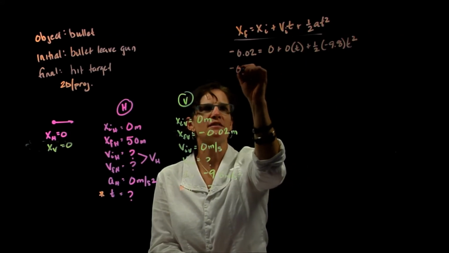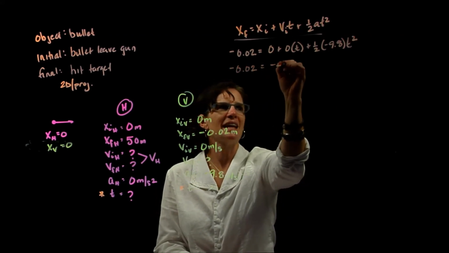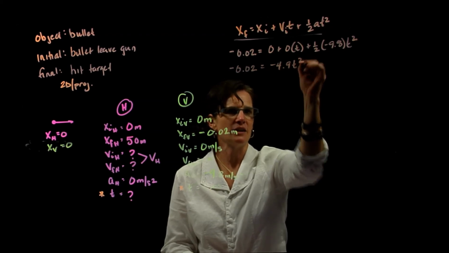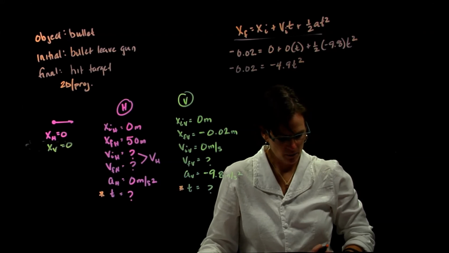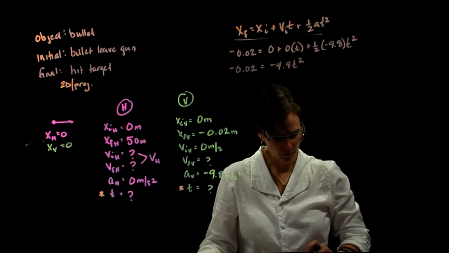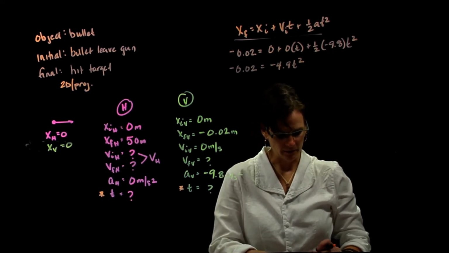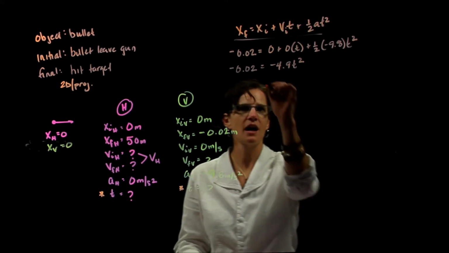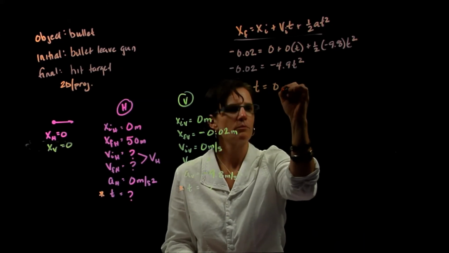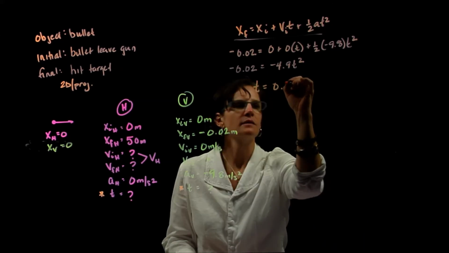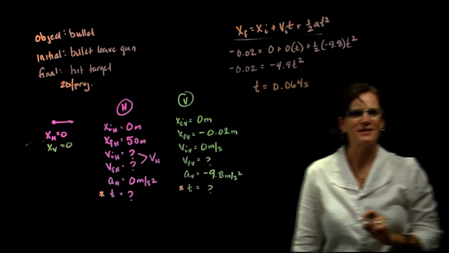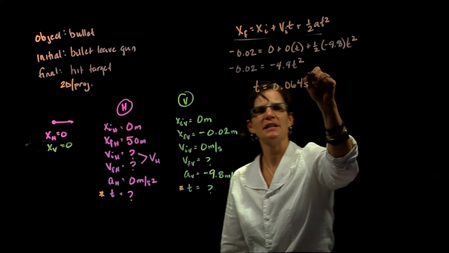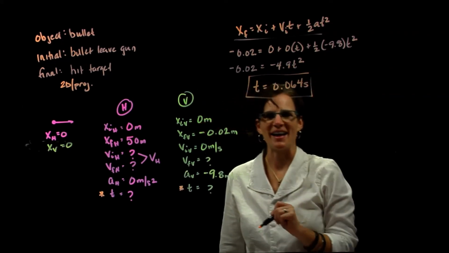So I know that negative 0.02 is equal to negative 4.9 t squared. 0.02 divided by 4.9, take the square root, we find our time is equal to 0.064 seconds. So here is part A.